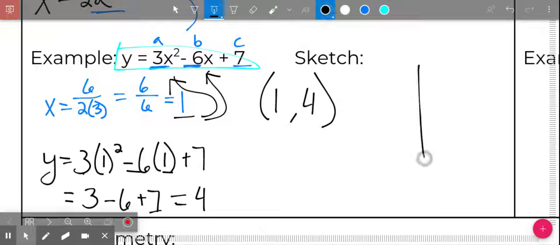You should have gotten a sketch. When we graphed this, we said we had a vertex of 1, 4, and if we look at our picture, it is a vertex of 1, 4. It should have been a really skinny graph going up, and its vertex should have been at 1, 4.